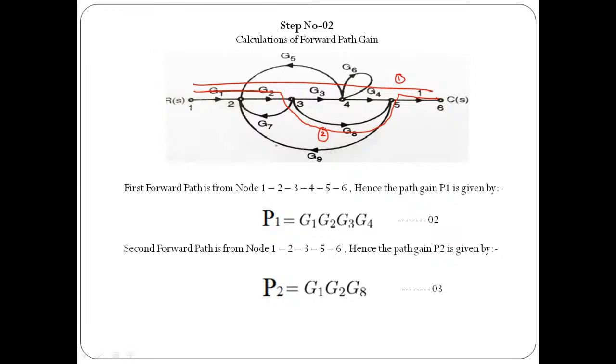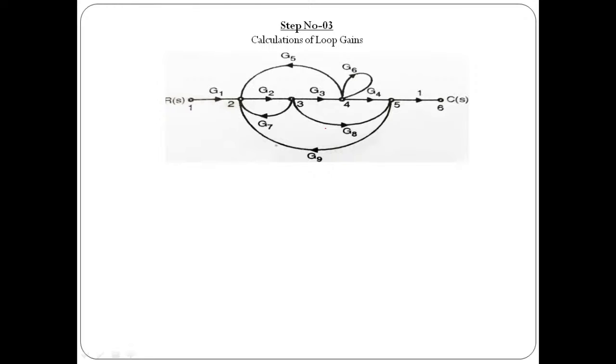Once you are done with this, in step number 3, what we need to do is calculate how many loops there are, and then find out their corresponding loop gains. So how to find that? Again, apply the same logic. Let us find out how many loops there are in this particular system.